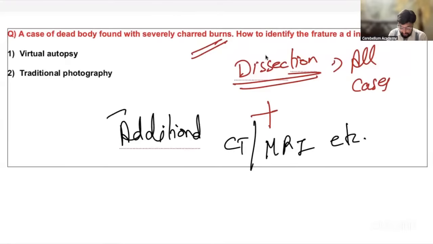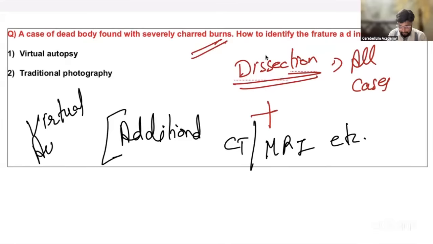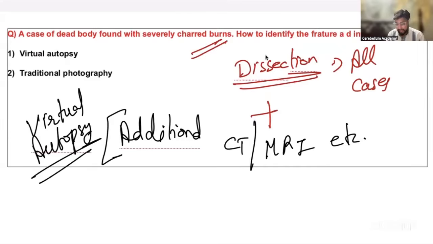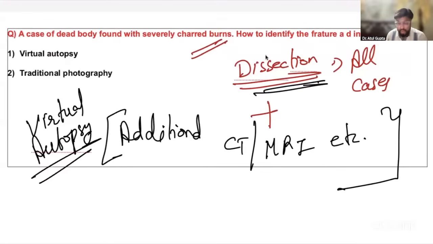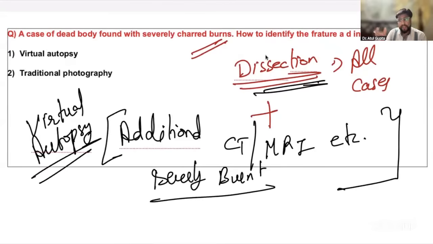This is virtual autopsy. Virtual autopsy doesn't mean that dissection will not be done. Dissection is done, but apart from dissection, we also do virtual autopsy, which is especially helpful if the body is severely burnt, because then it is very difficult to see things. There the CT scan is very helpful.